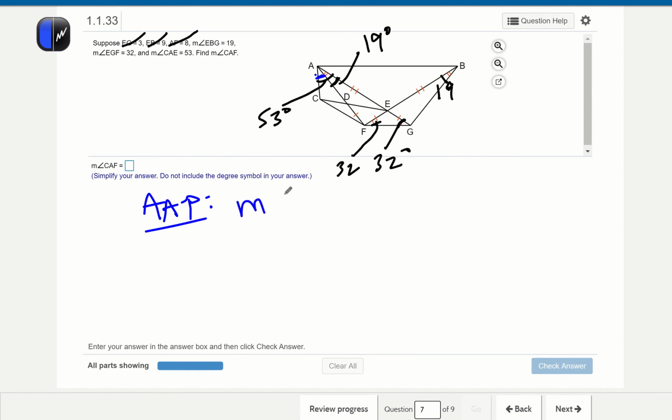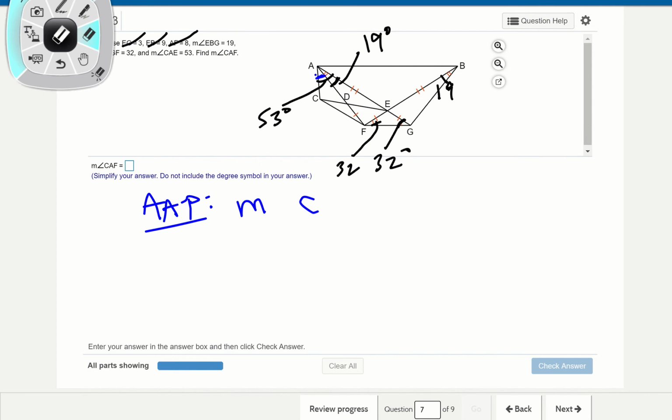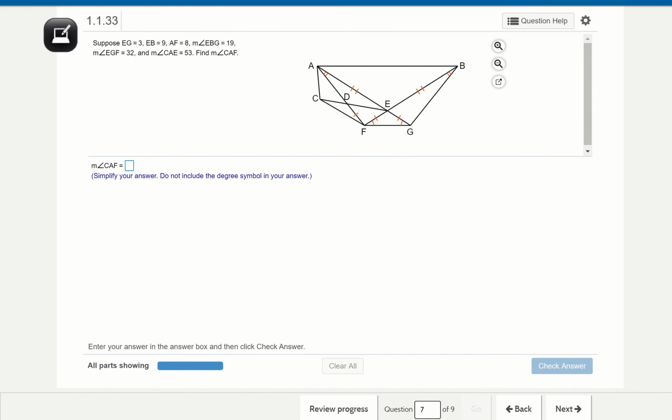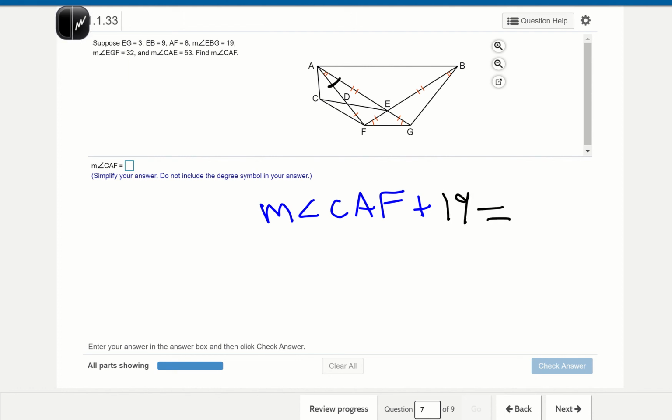So we're going to say the measure of angle CAF plus, and I'll use a different color, the blue is what we're looking for, and then this little angle, which was 19, equals the big angle, which was 53.